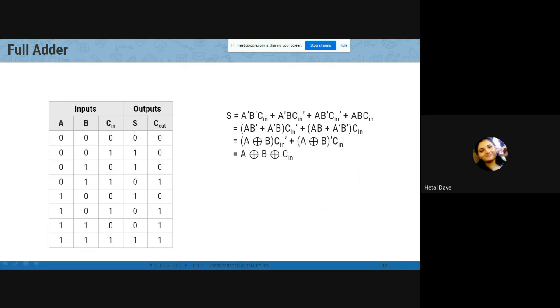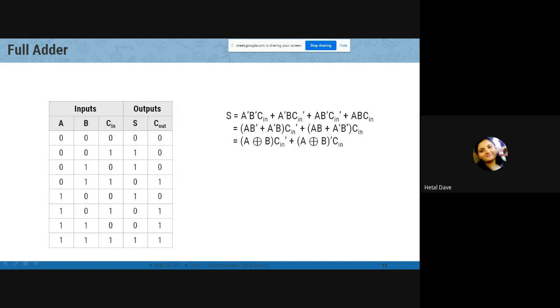I would like to repeat once. Here, first of all, C in is taken common. So we got this equation. Now what is AB bar and A bar B? XOR. So we have put A XOR B, C in dash as it is. What is A dash B dash?